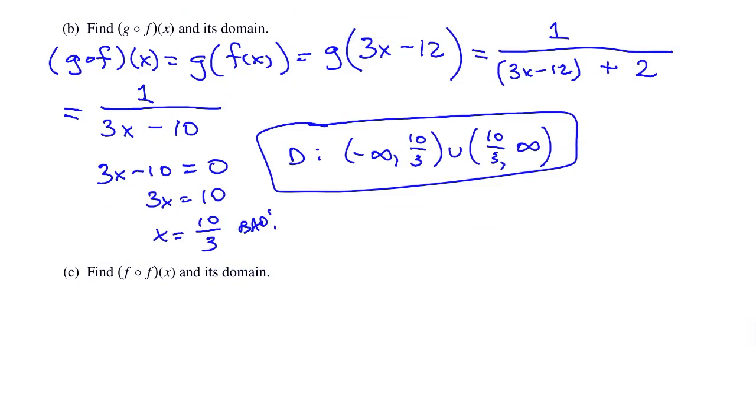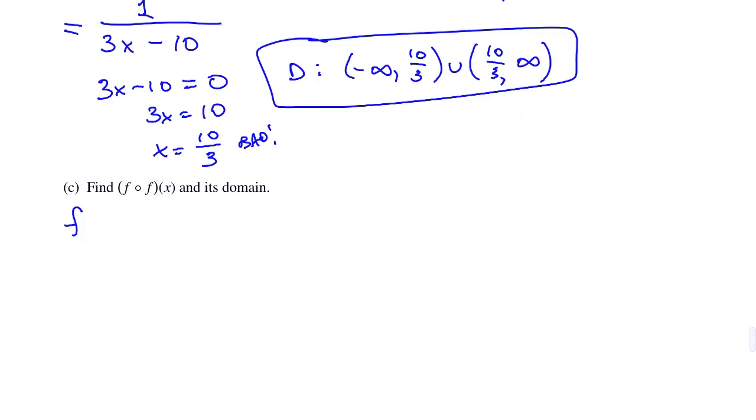Finally, and this is for an example, you can compose a function with itself. What is f composed with f? So that would be f of x, which would be f of 3x minus 12. And then you take 3x minus 12 and you plug that into x in the 3x minus 12 from the same function.